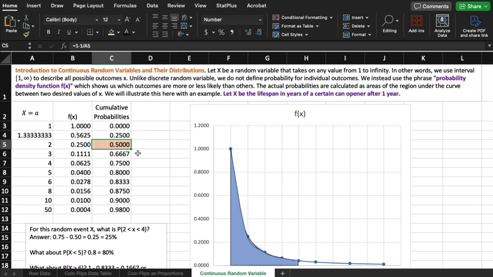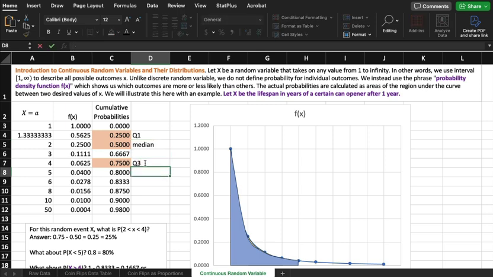So that's this. We can get the 75th percentile, which is Q3, and we can get the 25th percentile, which is Q1. So here's Q1. Here's your median. And here's your Q3. 75th percentile, 50th percentile, and 25th percentile.